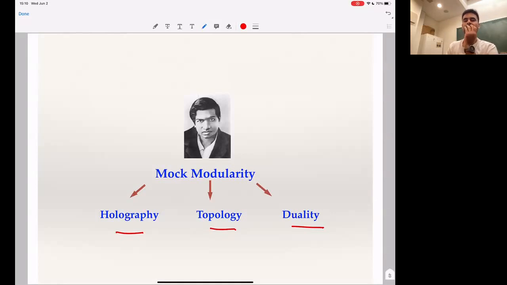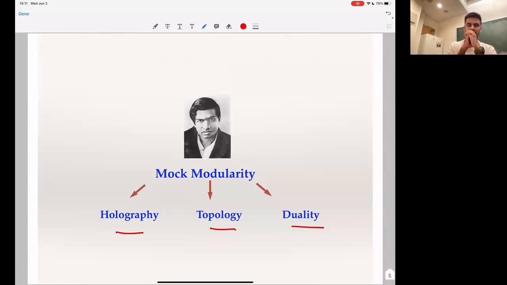I would put it like this: don't be surprised if you encounter a mock modular form when you're doing something which has some non-compactness in the story. And it probably has a very natural reason for being there. Ten years ago I would have been shocked, because when I started to work with Zagier, I was really bothered that the counting function violated my holographic intuition that something should be modular, but it is not.